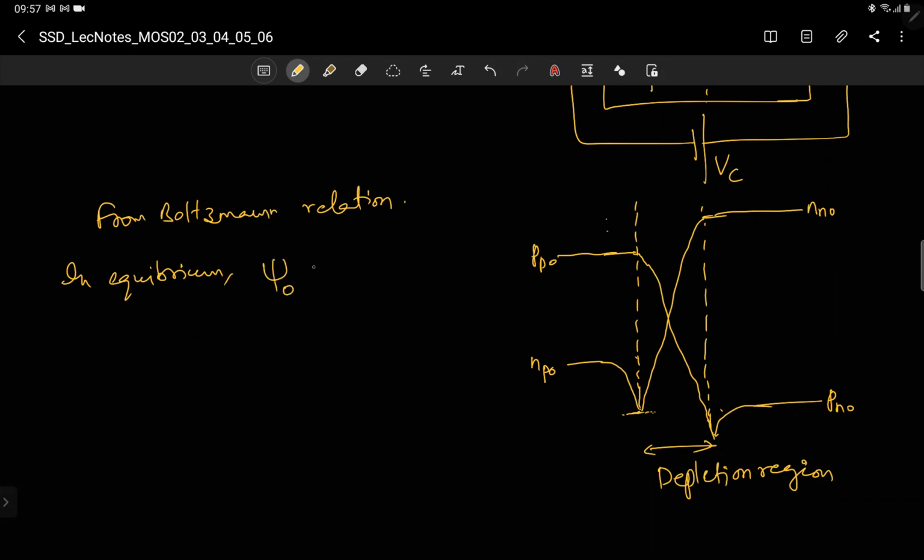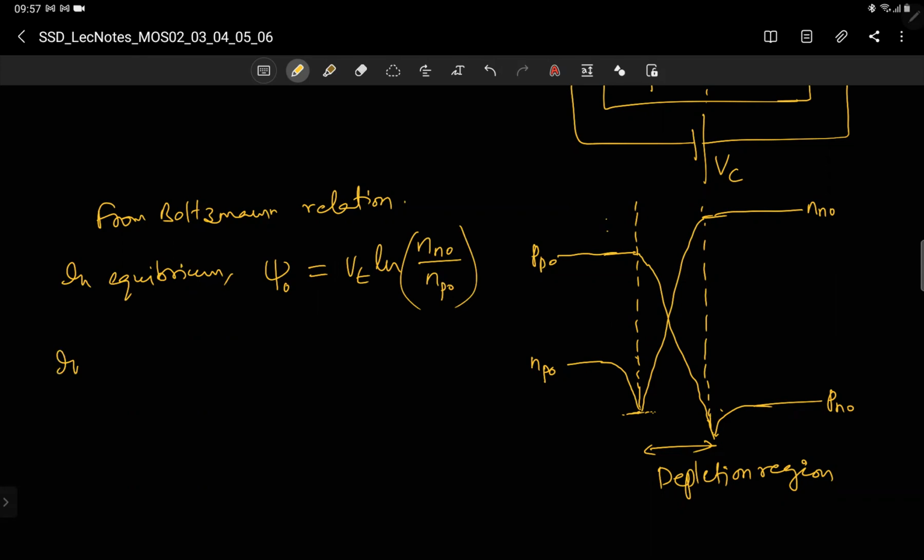Psi naught is the built-in potential, or V naught, whatever. So psi naught, the built-in potential, is nothing but Vt ln Nn0 by Np0.